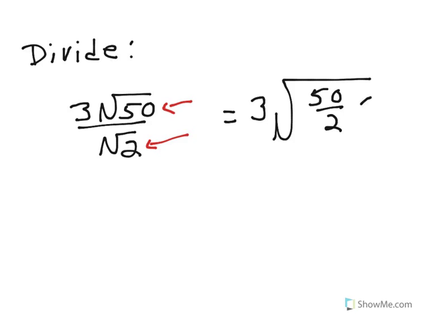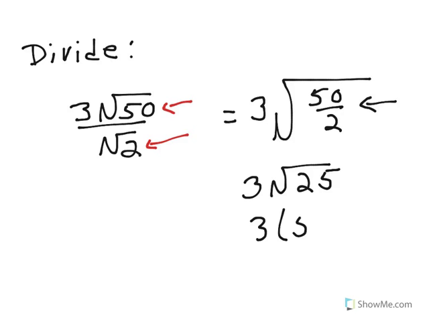Now we can divide or reduce 50 over 2, and that gives us 25. Square root of 25 is 5, so we now have 3 times 5, which is 15.